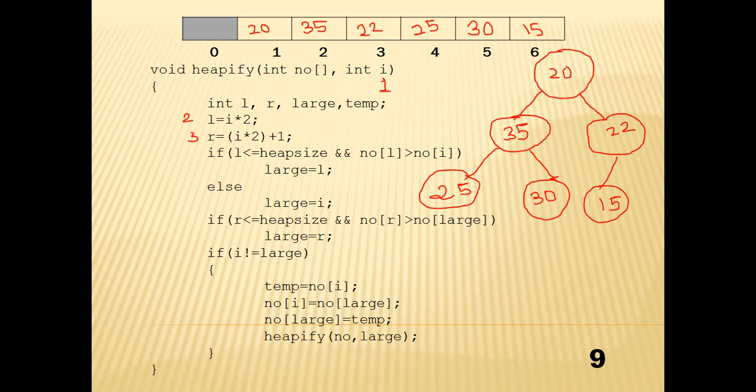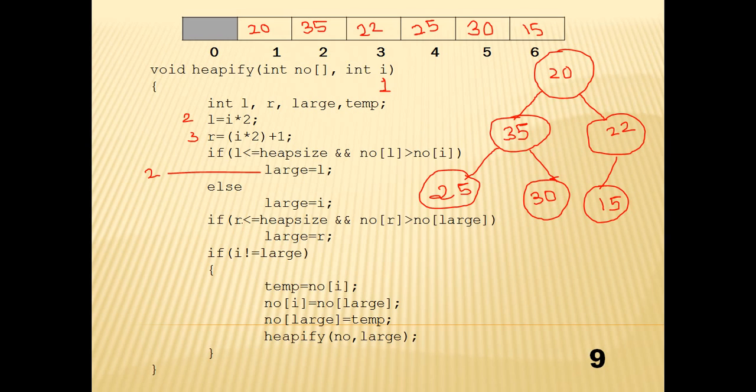If L less than or equal to heap size, obviously true, 2 less than or equal to 6, and A[L], A[2] greater than A[i], A[1] which is 20. A[2] is 35, 35 greater than 20, the condition is true, so large equals L. L is 2.